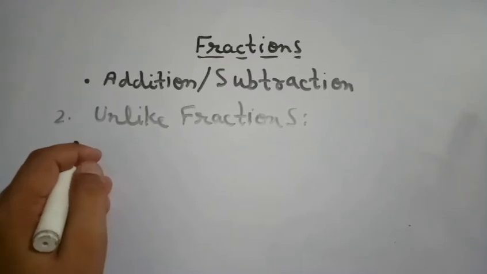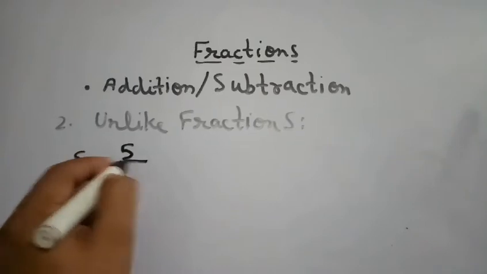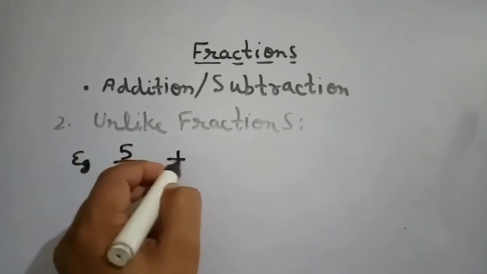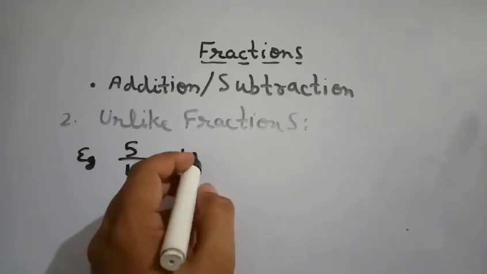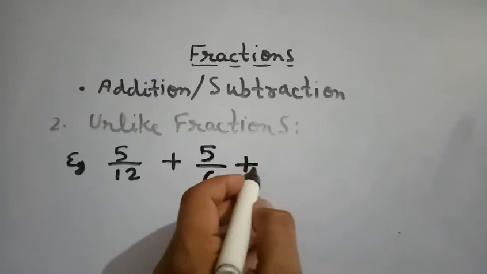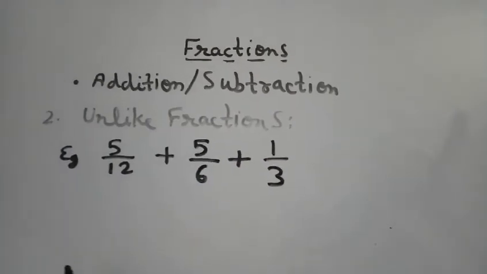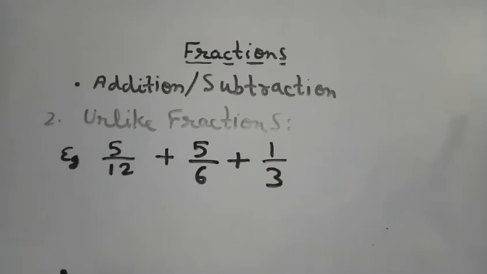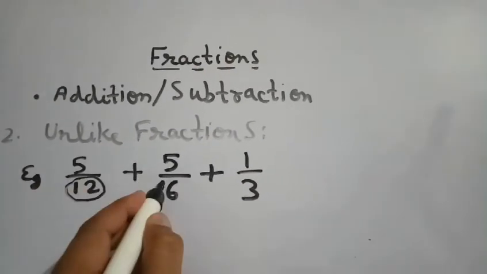For example, 5 upon 12 plus 5 upon 6 plus 1 upon 3. The first step is to make the denominators equal by taking LCM.